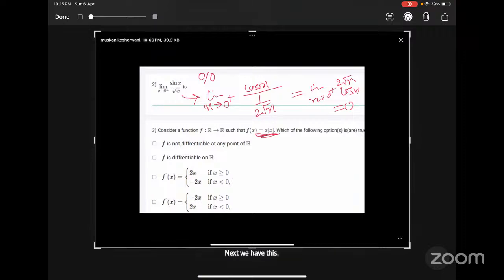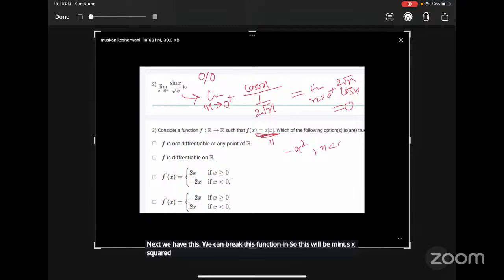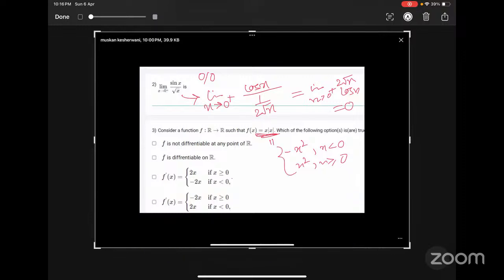Okay. Next we have this. We can break this function into minus x squared if x is less than 0 and x squared if x is greater than or equal to 0. Now, if I calculate the derivative at 0, then it will give 0 at both the points, right?